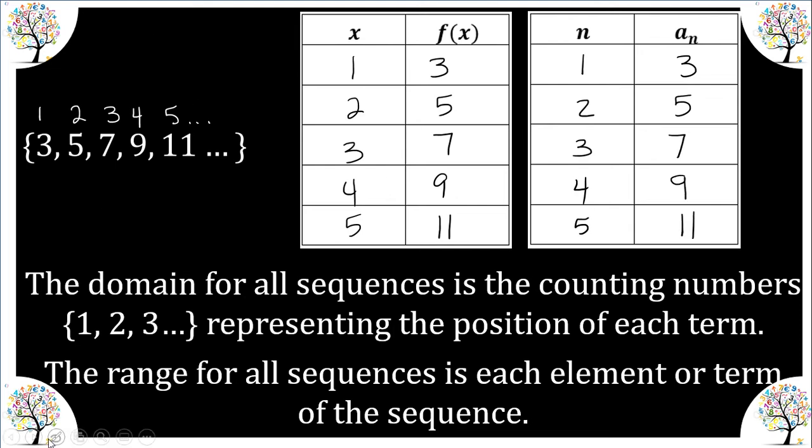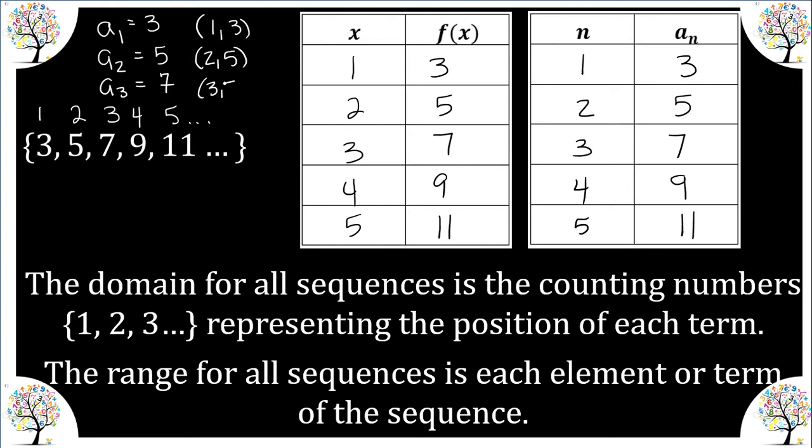We could write the notation: a sub 1 equals 3, a sub 2 equals 5, a sub 3 equals 7, and we could go on and on. We can also look at this as the ordered pairs 1, 3, 2, 5, 3, 7.